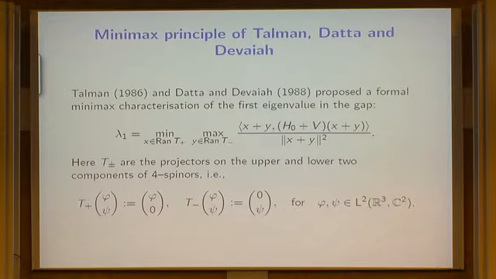Then you maximize over the positronic components, because this is what corresponds to the negative energies, and you minimize over the electronic ones, and then you get the lowest eigenvalue. So that's the physical intuition. Given the upper components, you play with the lower components to get the maximal energy, but then you minimize over them.